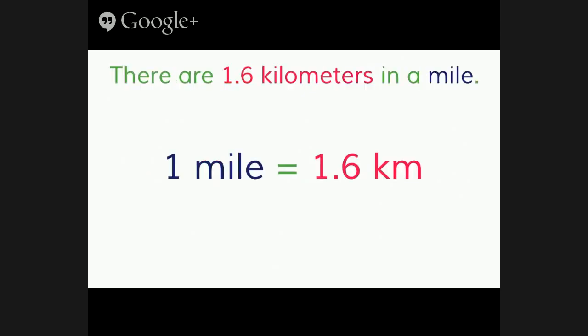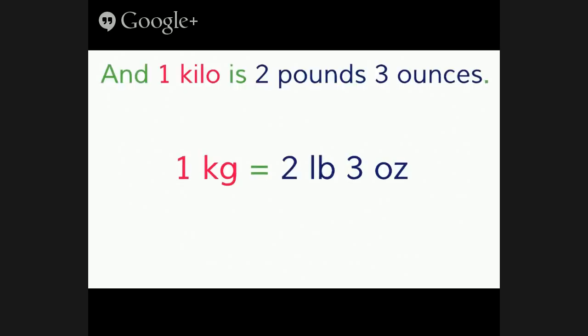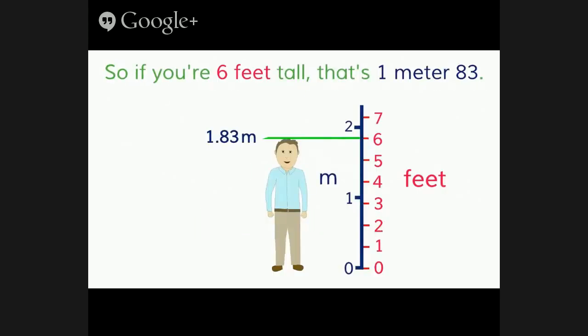There are 1.6 kilometers in a mile. For every 100 grams, you get 3.5 ounces. And 1 kilo is 2 pounds, 3 ounces, and just a little bit. If you're 6 feet tall, that's 1 meter 83.